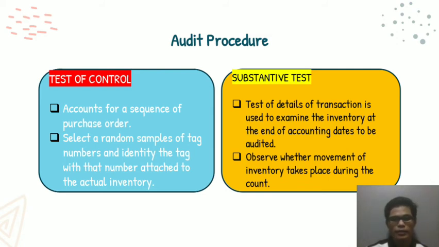For substantive test, the auditor wants to examine whether the test of detail of transactions is used to examine the inventory at the end of the accounting date to be audited. And also, the auditor wants to observe whether movement of inventory takes place during the count.